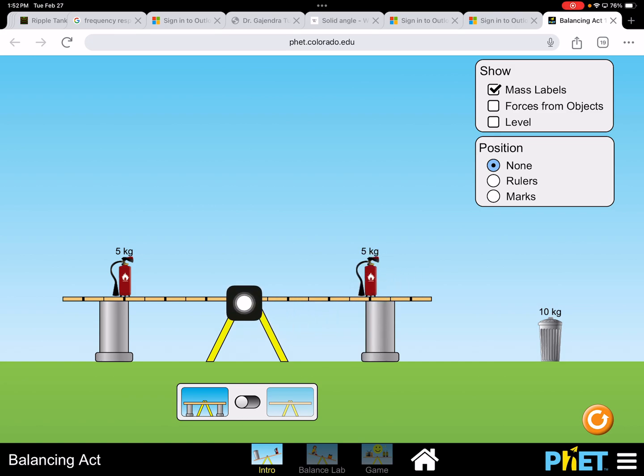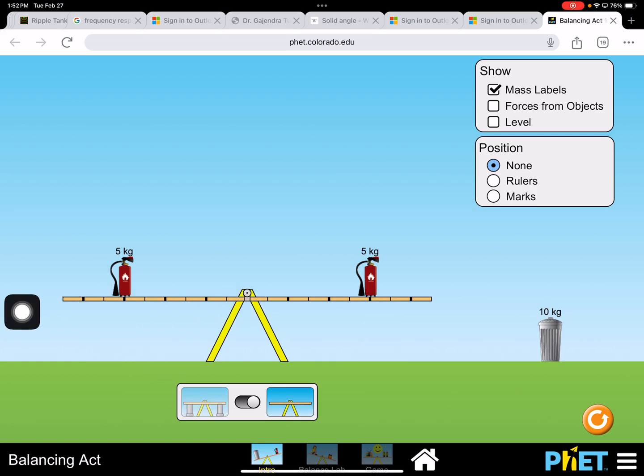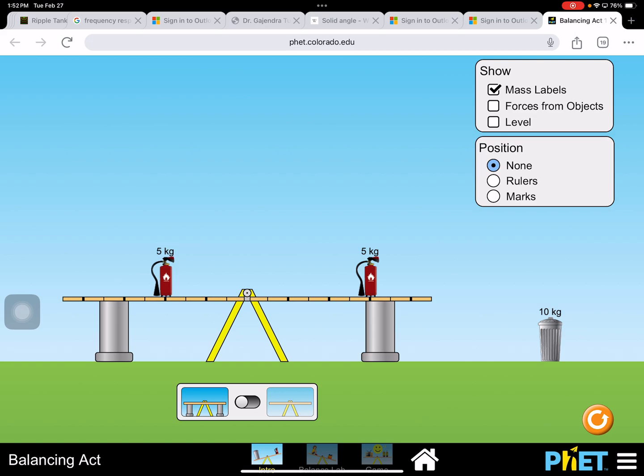This thing can rotate about that axis. This one is rotating clockwise about that point, and this one wants to rotate counterclockwise, and since the torques are the same, it's balanced. Now we're going to move this one over here. Now its moment arm decreased, so its torque decreased. This other torque, even though the force is the same, is greater because the moment arm is greater.